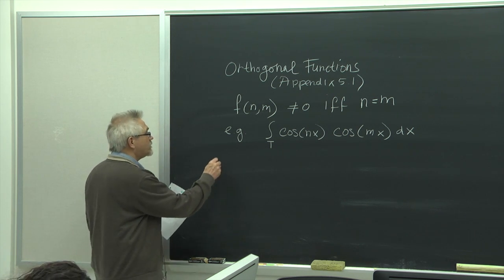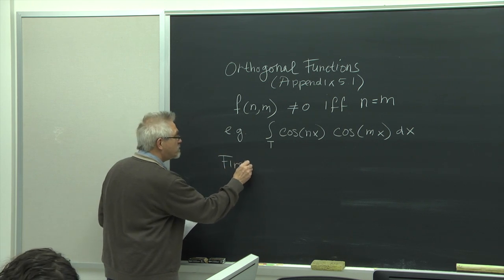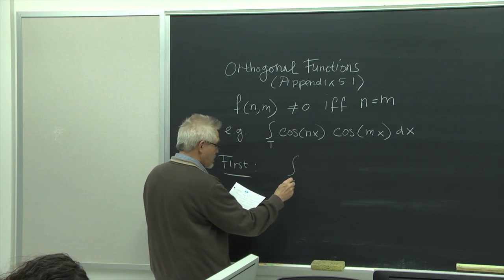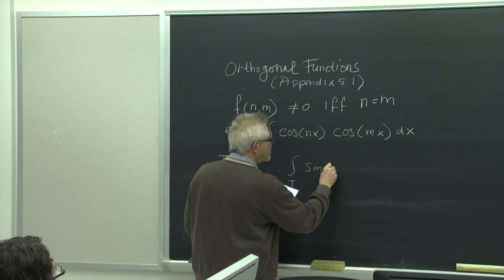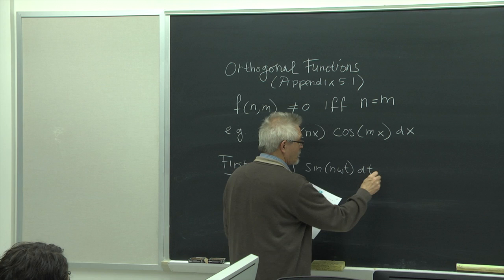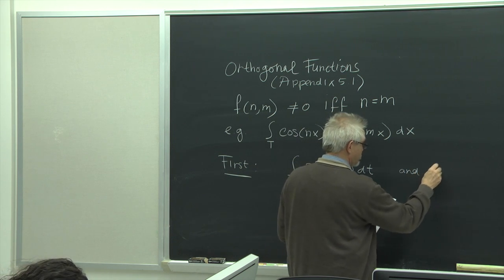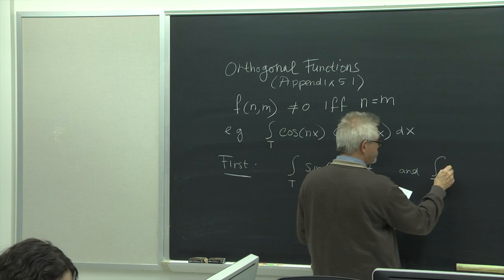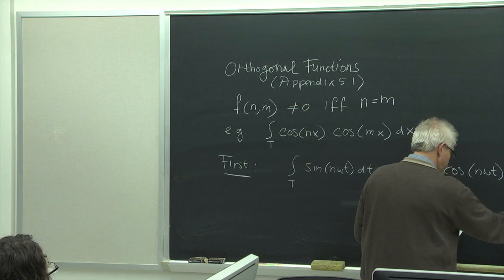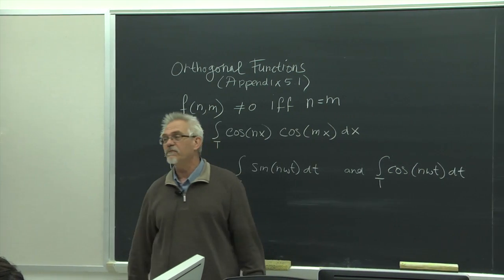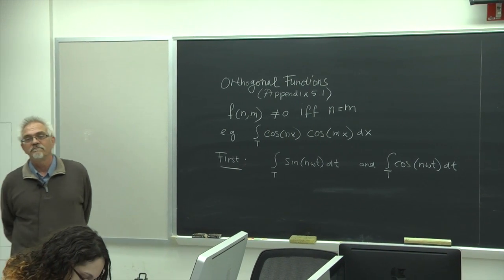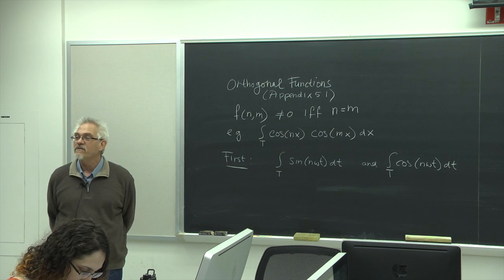But before we see that, let's look at a couple of basics. If you would look, for instance, at this trig function, or this one, any idea what the outcome of this integral would be? 0. Yeah, 0.